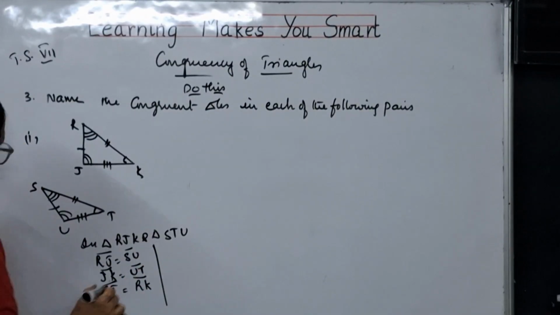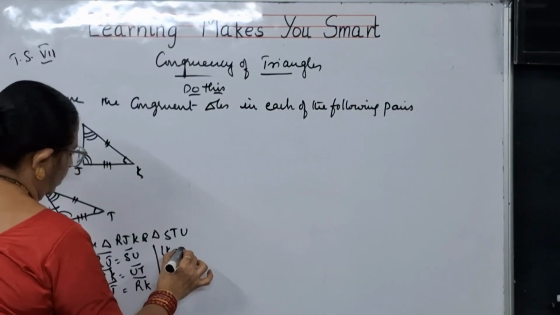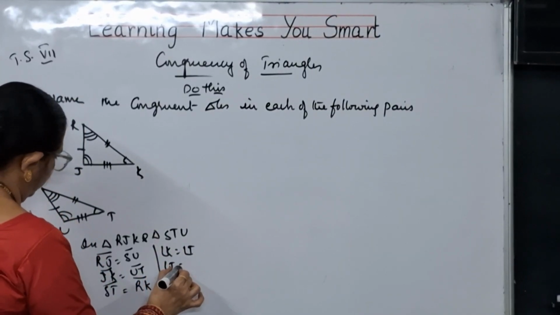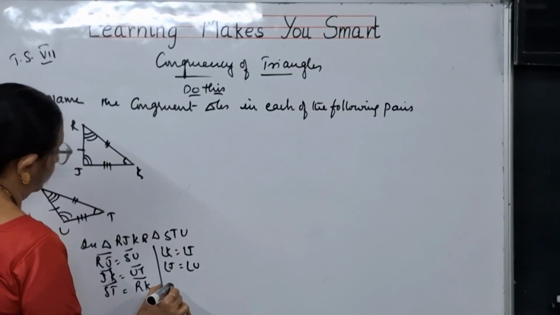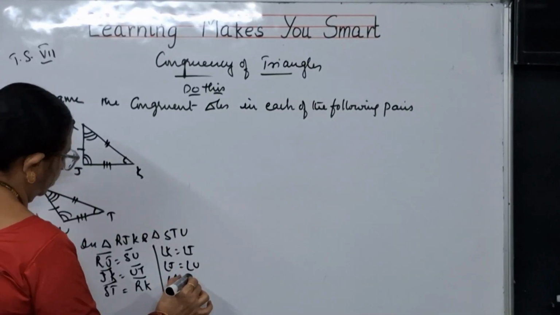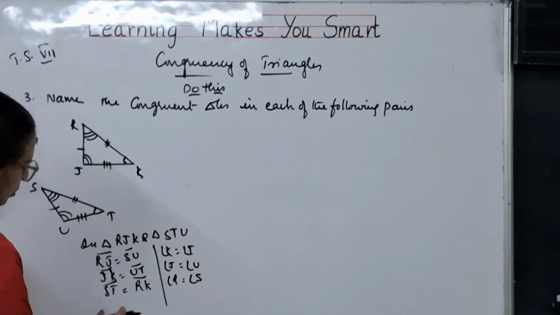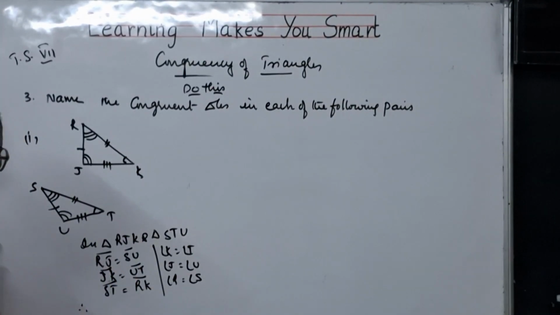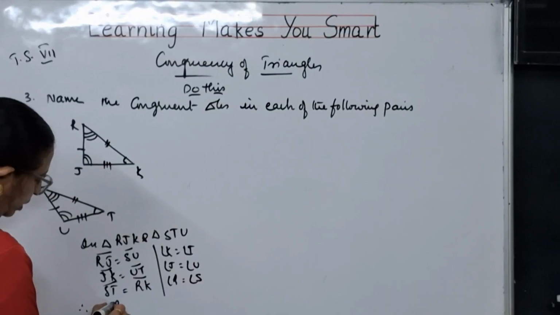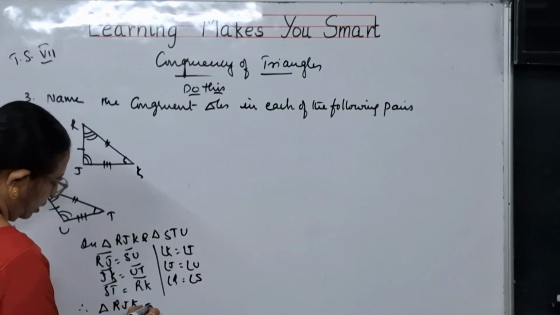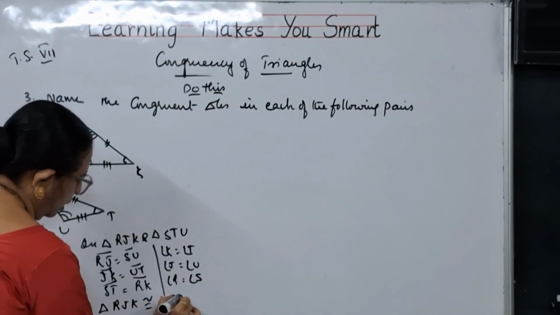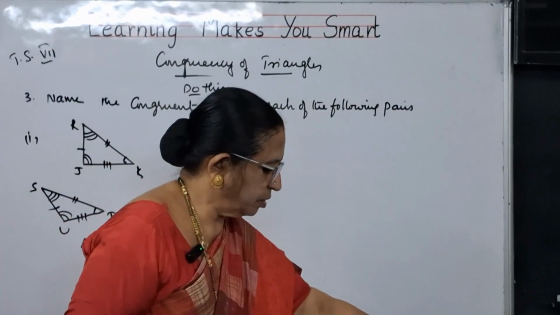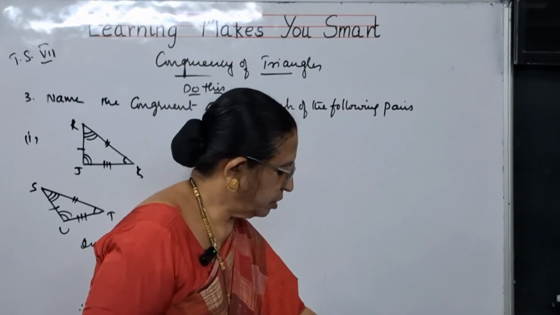Apart from this, angle K is equal to angle T, angle J is equal to angle U, angle R is equal to angle S. Therefore, corresponding sides are equal, corresponding angles are equal. Therefore, triangle RJK is congruent to triangle STU. This is what they asked you to say, children.